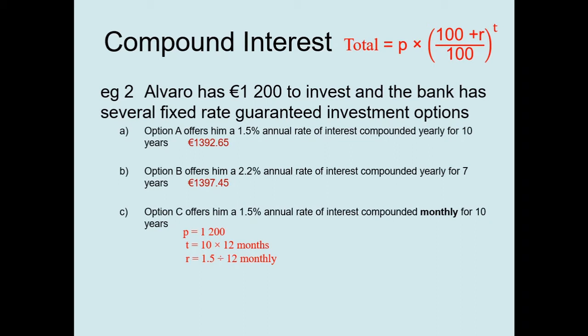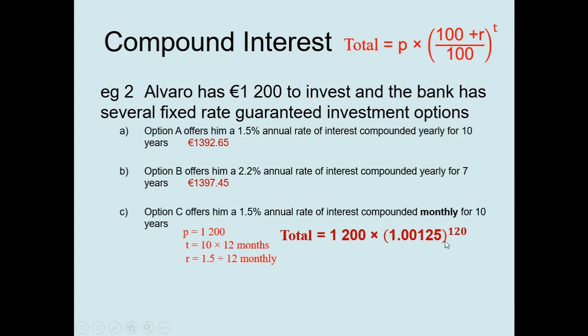So let's set up our compound interest formula again, where our principal amount is being increased by 0.125% repeatedly for 120 different terms. Now that might look a bit confusing, but looking at it carefully, there's my principal amount, and this is the same thing as 100 plus 0.125%.